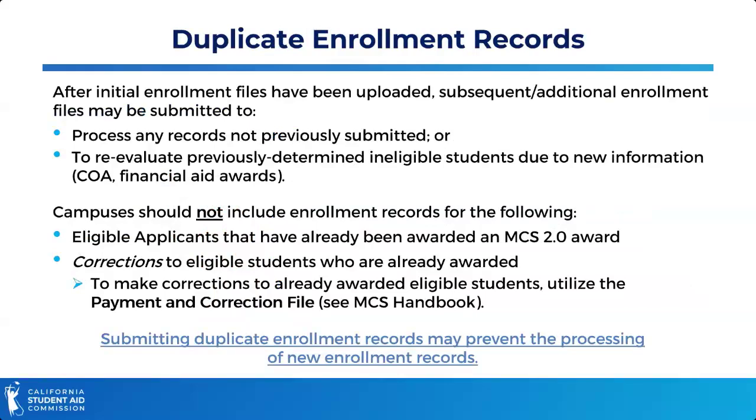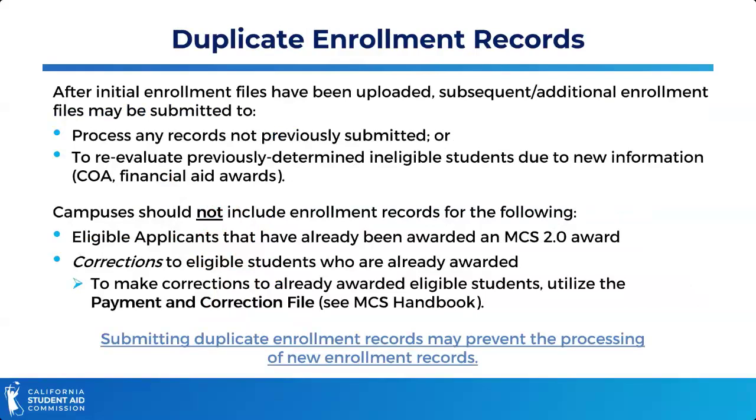Subsequent enrollment files may be submitted to process any records not previously submitted or previously determined as ineligible that need to be reevaluated due to new information like cost of attendance or other financial aid awards.